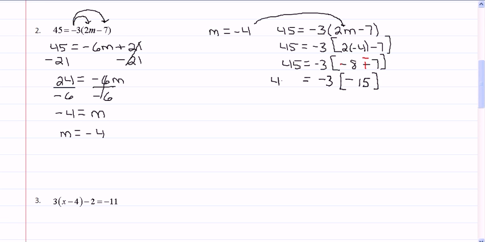And I rewrite the equation so that 45 equals -3 times -15 is +45. Since both sides are the same, my answer of m equals -4 is correct.